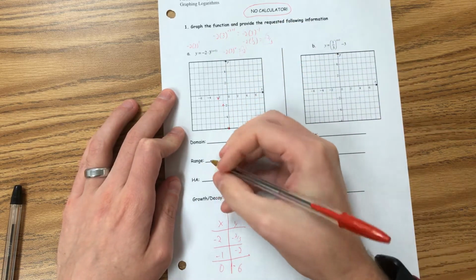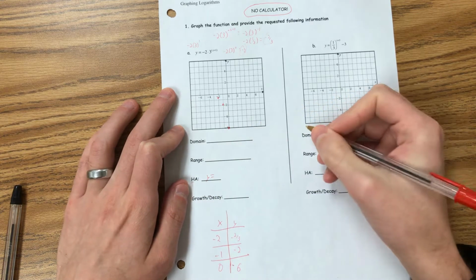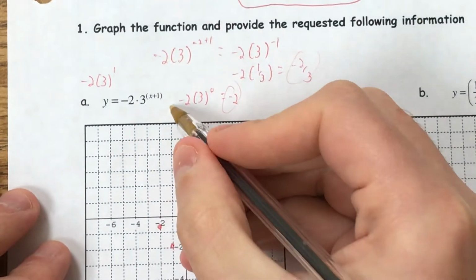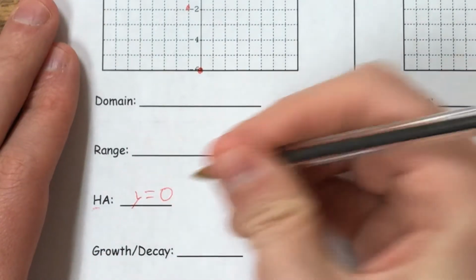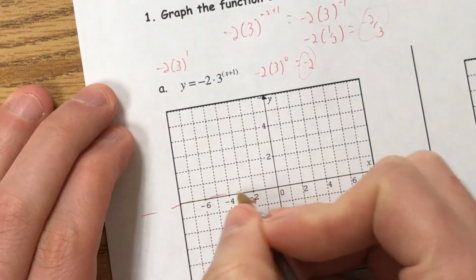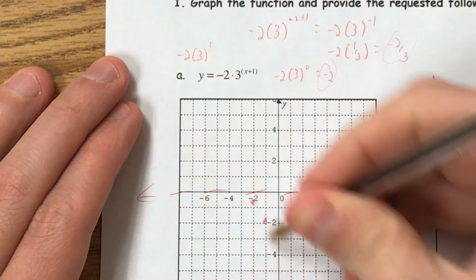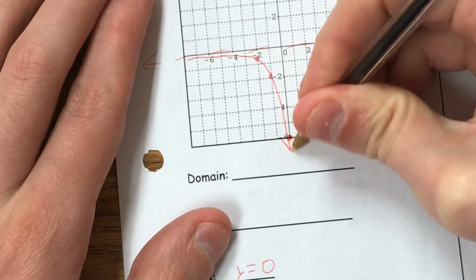Because this is exponential, it will be horizontal, which means it will start with y equals. And the number it equals is usually written right here afterwards, but as you can see, there's no number right there, so we're just going to put 0. So horizontally at 0, there will be an asymptote, which means this is going to curve like that.